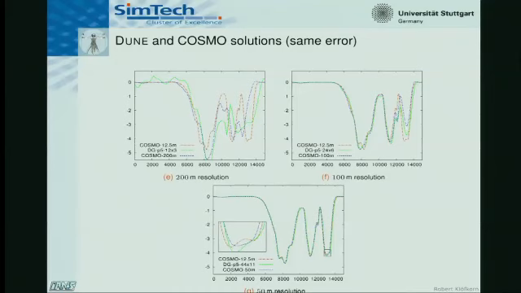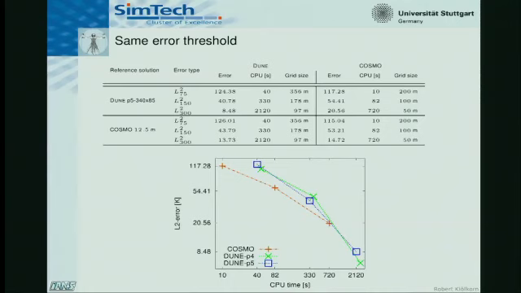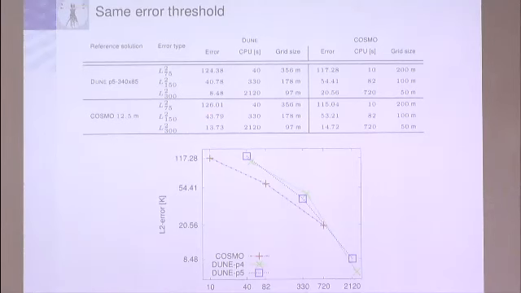So we can use a coarser resolution, and then coarser resolution based on both schemes produce nearly the same error, and what we get then is that, for example, here, so that's the 50 meter resolution.